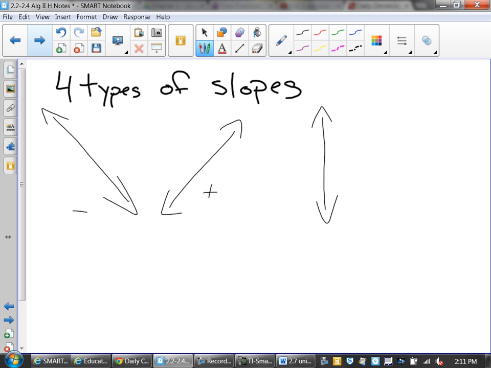All right, let's think about this. When you're looking at slope, slope is the change in y over the change in x. If it's change in y over change in x, for the slope of a vertical line, what isn't changing?